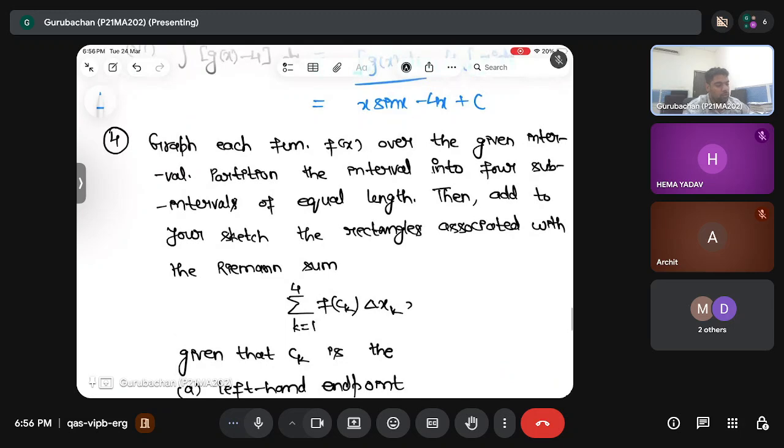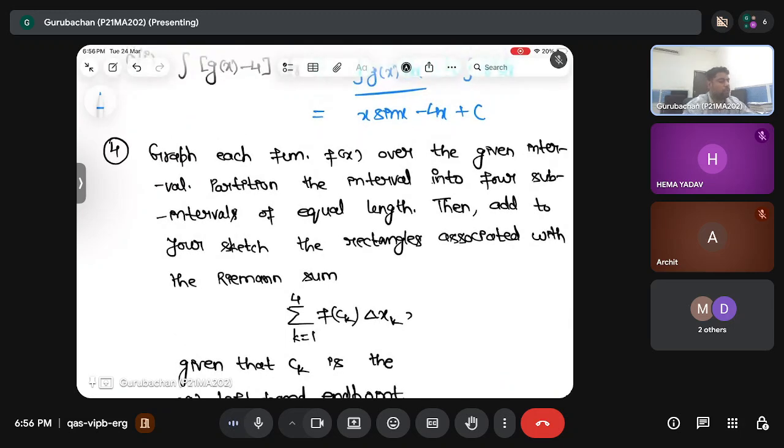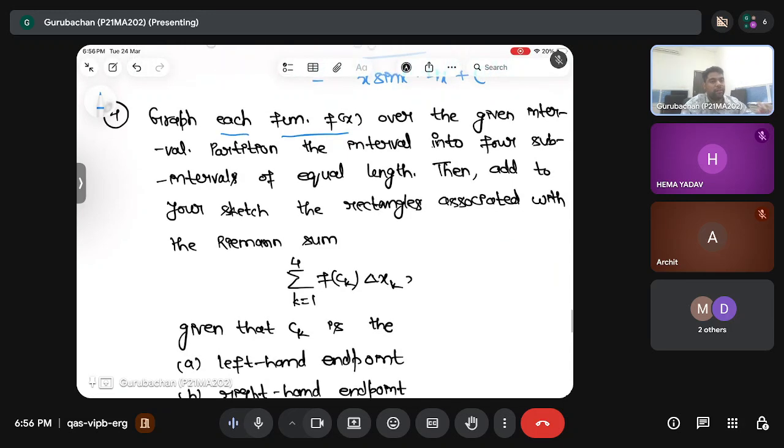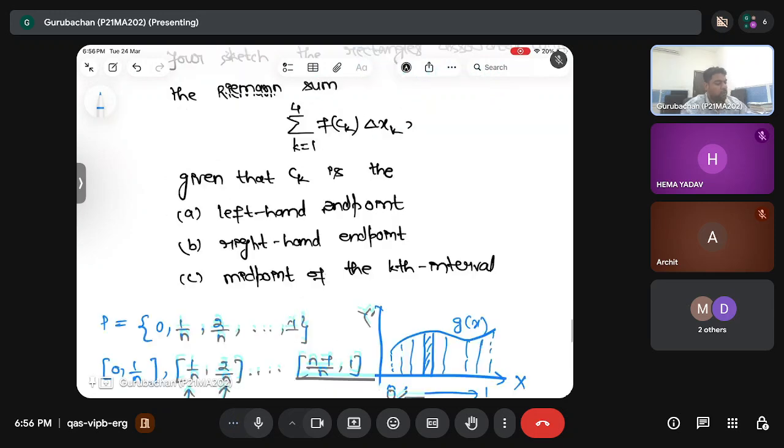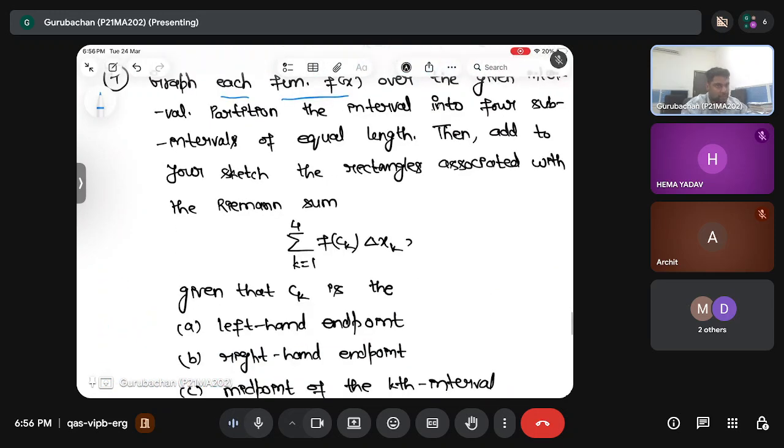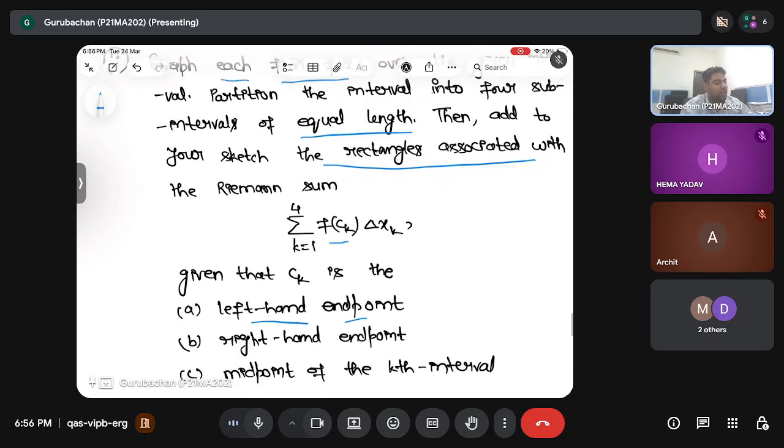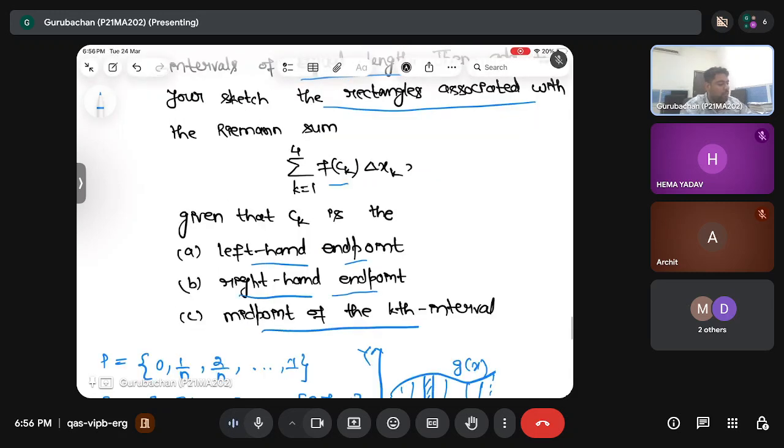So in this scenario, you first have to graph each function f(x), and then we divide the interval into four subintervals of equal length. Then we add rectangles where ck corresponds to the left-hand point, right-hand point, and midpoint in turn.